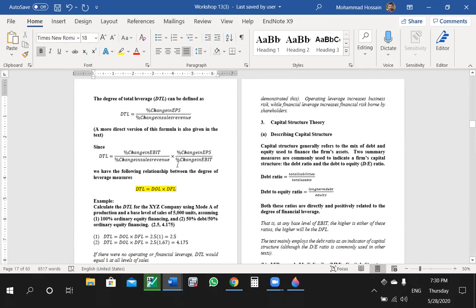Okay. Another example. This is another formula you can see. And here is the same: the percentage change in EPS and percentage change in sales revenue.